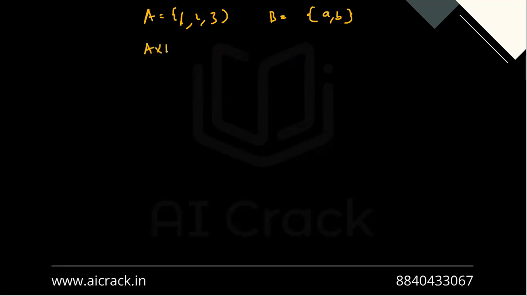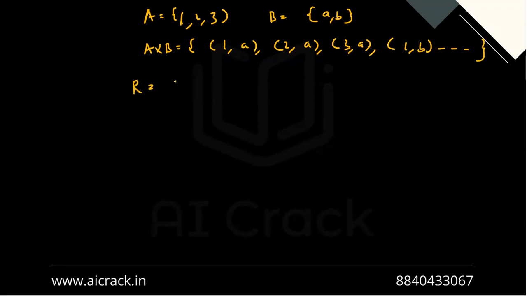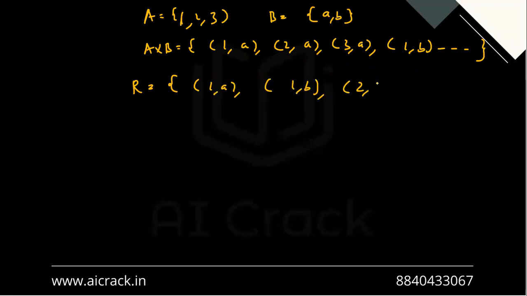Now we've got A cross B as (1, a), (2, a), (3, a), (1, b), and so on, right? Now if I write R as (1, a) and (1, b), and let's say (2, b) as well, this is a subset of A cross B, right? Only 3 elements, and all these 3 elements are present in A cross B. So this is a subset. This is called a relation. This is just one relation.